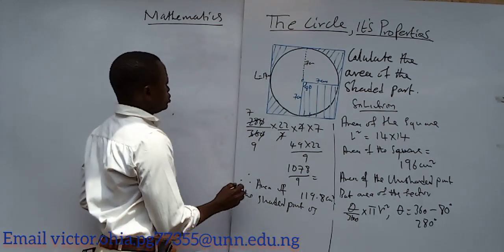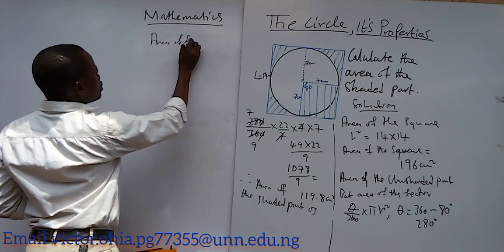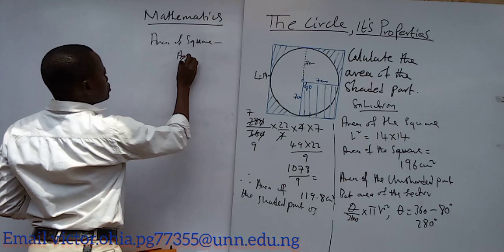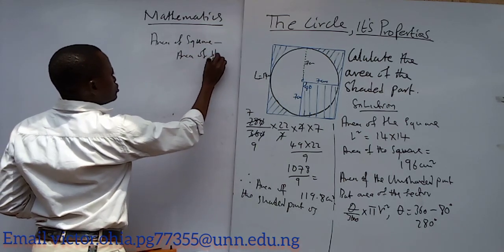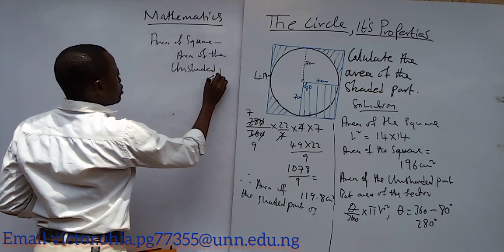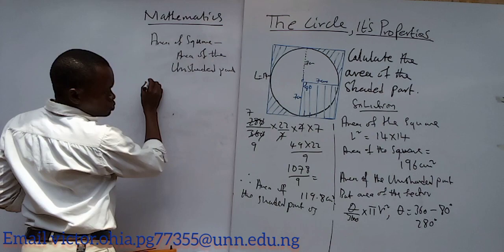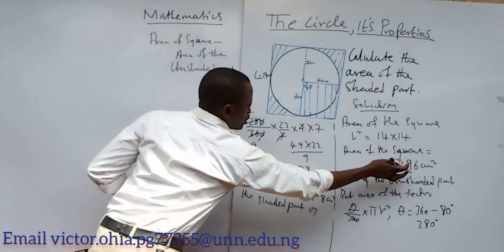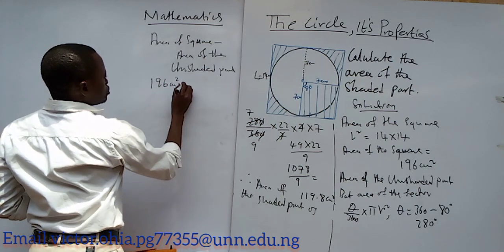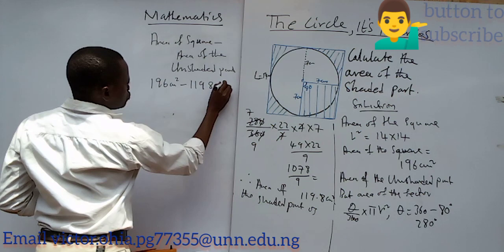is, in conclusion, area of square minus area of the unshaded part. So this will give us 196 cm squared minus 119.8 cm squared.